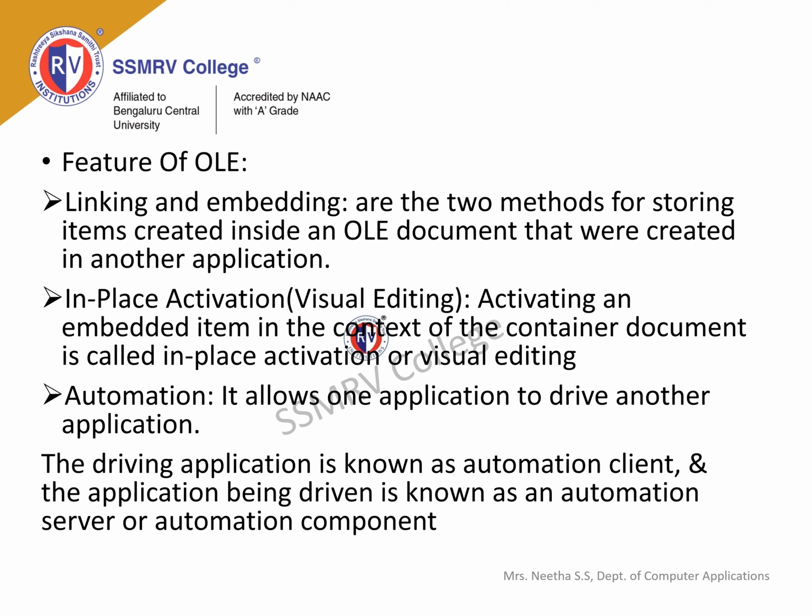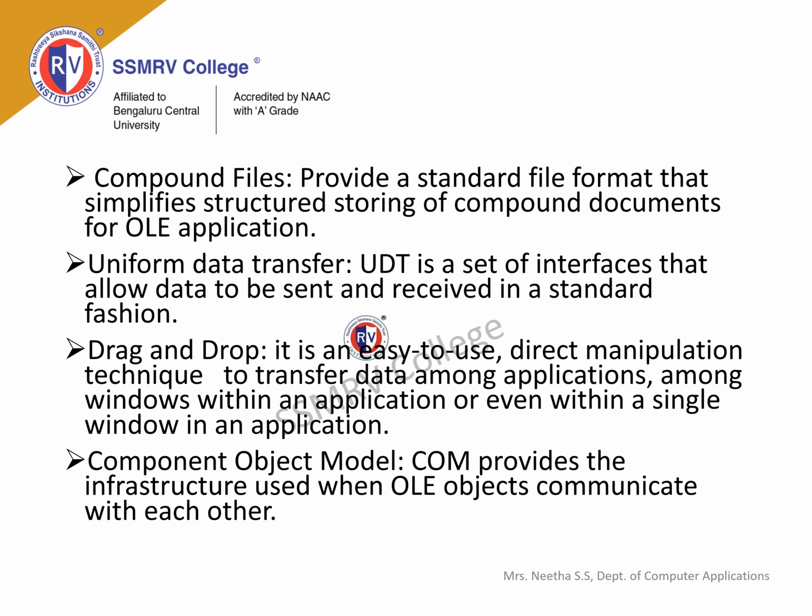This automation works in both OLE and ActiveX technology context. We can automate any object based on the component object model. Next we have compound files. It provides a standard file format that simplifies structured storing of compound documents for OLE applications.